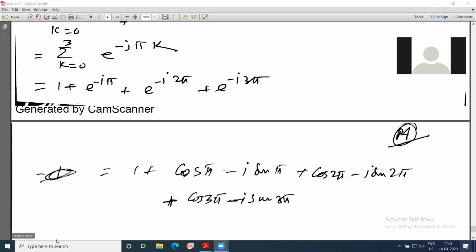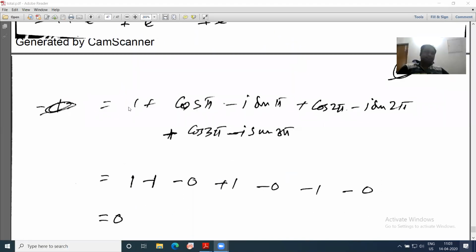Now cos pi equal to minus 1, sin pi equal to 0, cos 2 pi equal to 1, sin 2 pi equal to 0, cos 3 pi equal to minus 1, and sin 3 pi equal to 0. So in total, 1 minus 1 cancel and plus 1 minus 1 cancel.